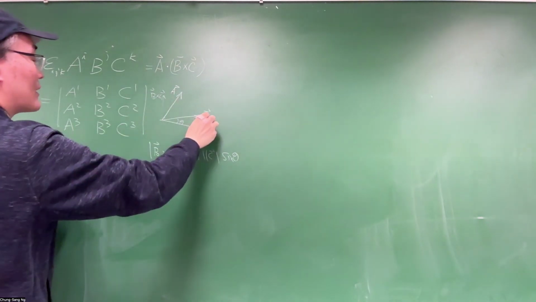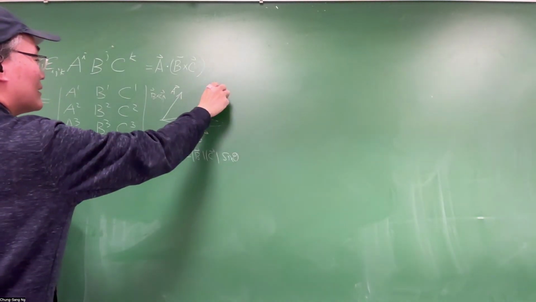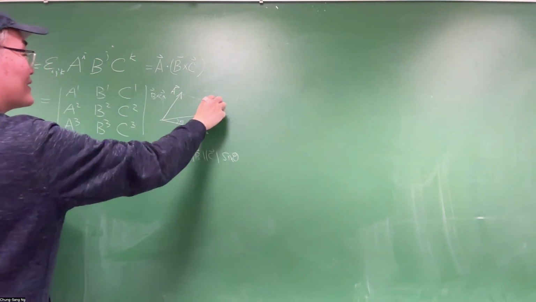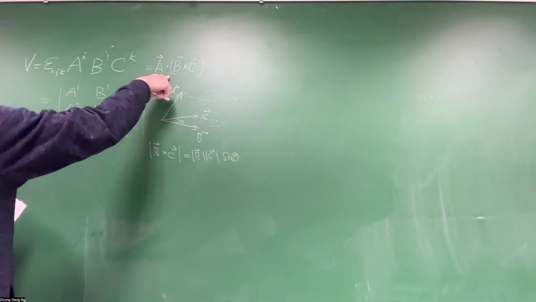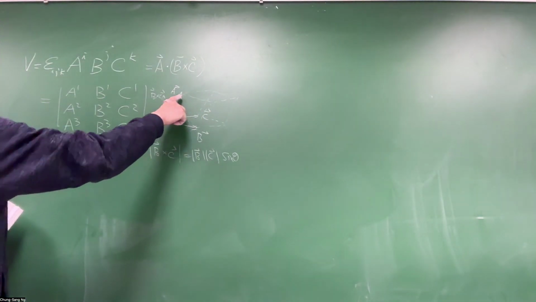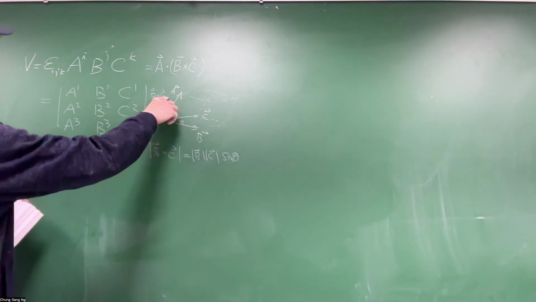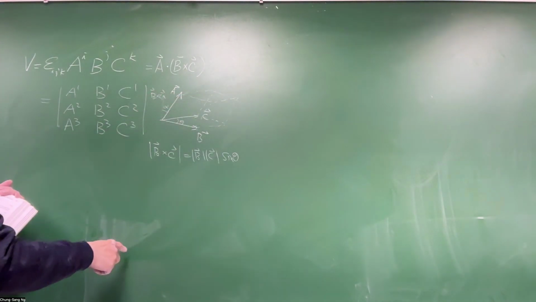If you write the parallelogram, it's hard to actually draw, but this is the volume of the parallelepiped in three-dimensional space, after you take into account the sine of theta.